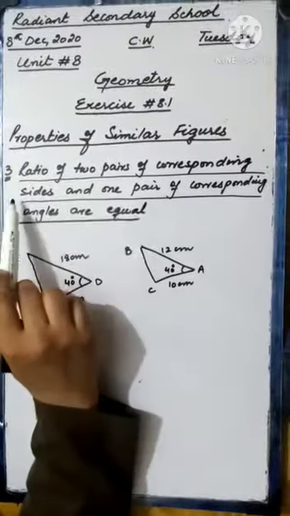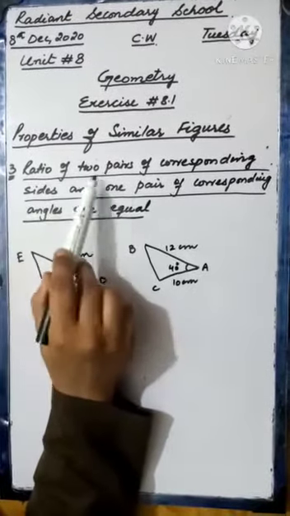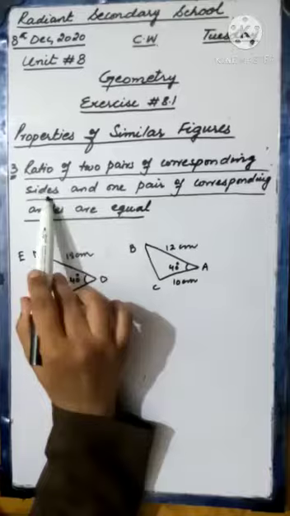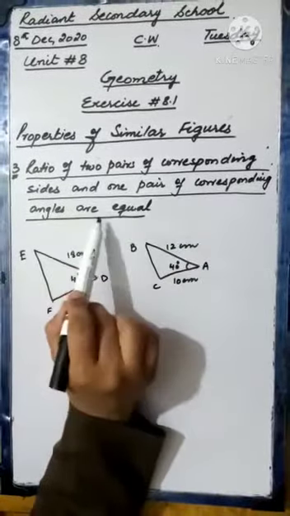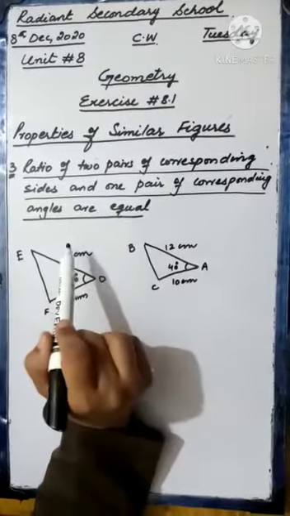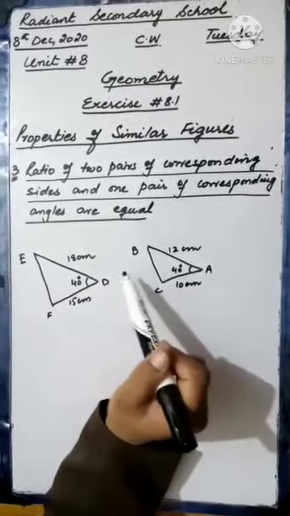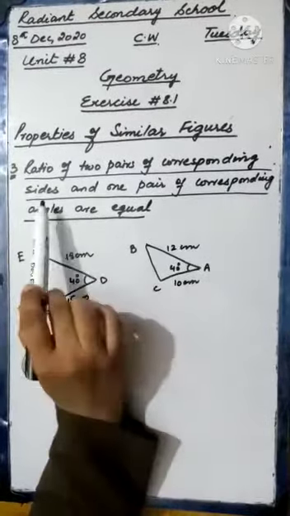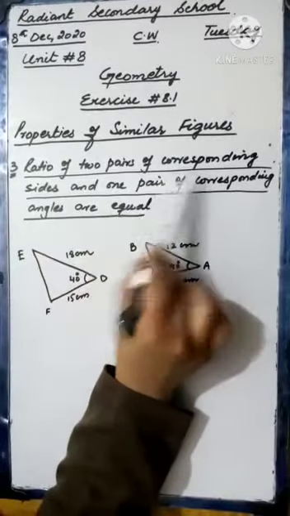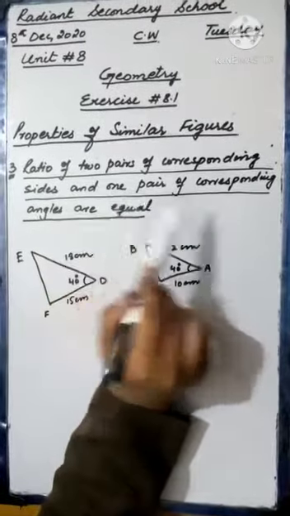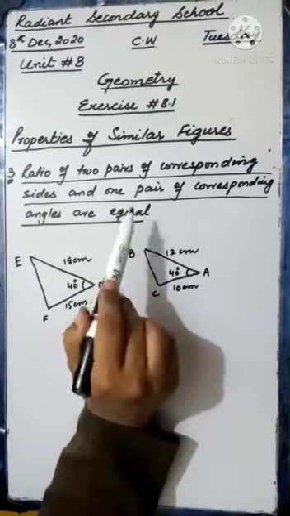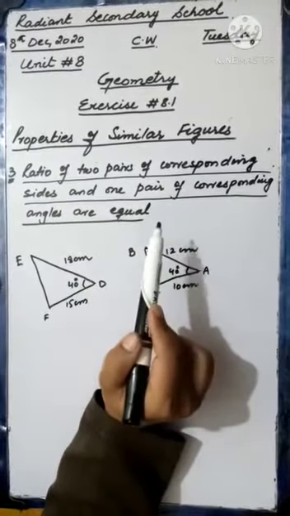Now this is the third property. Ratio of two pairs of corresponding sides and one pair of corresponding angles are equal. It means in the previous property we had the ratio of all the corresponding sides equal. Now if the ratio of two pairs of corresponding sides are equal and one pair of corresponding angles are equal, then we can say that the figures are similar.